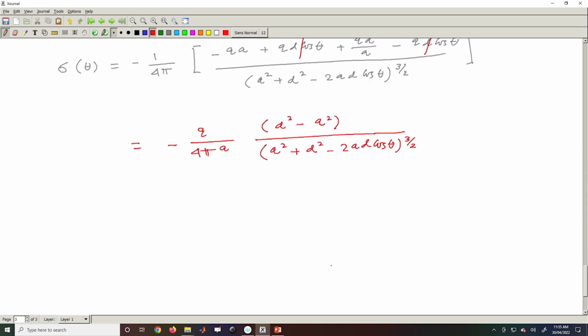Now, you can see that the charge density is not independent of the theta.